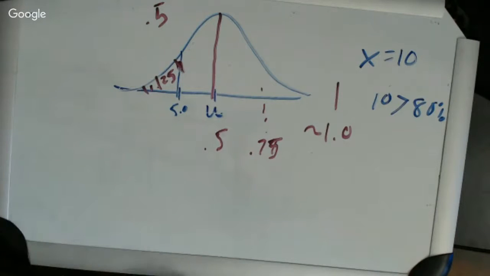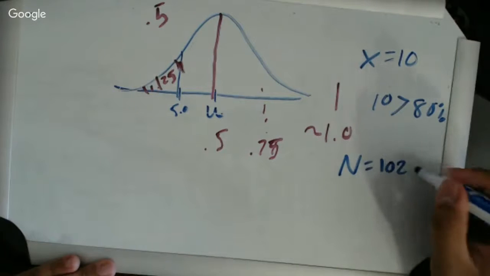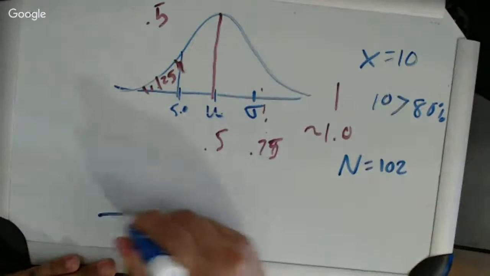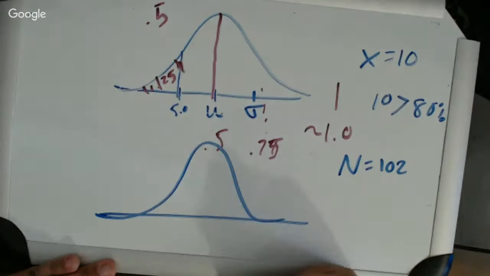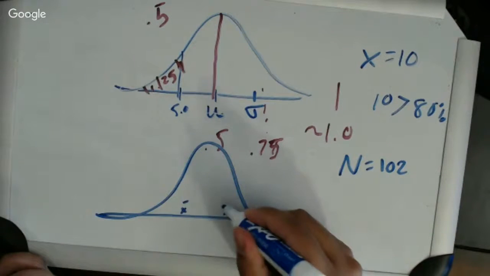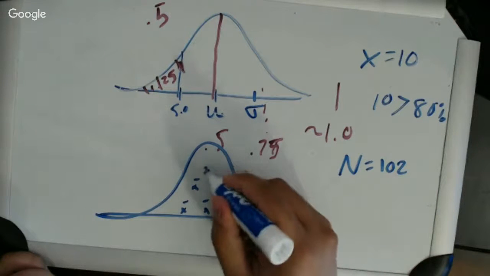But what we do know is that when we make a sampling distribution, so if n is 102, and the standard deviation is sigma, if we're talking about the sampling distribution, what's the center of it? These are all X bar scores, right? Essentially we're pretending we can take infinite X bar scores.